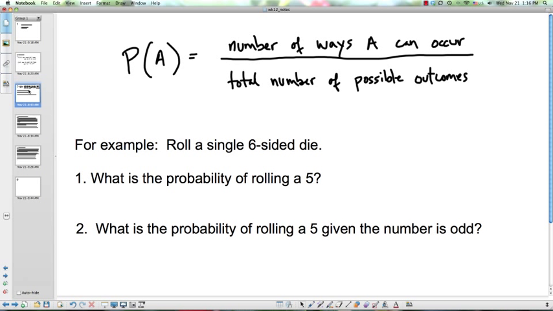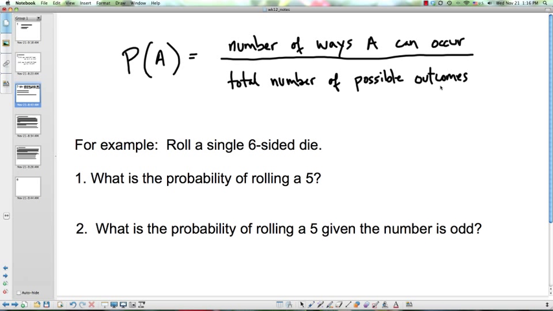Alright, so first, of course, you need to be real clear about how we calculate a probability. The basic definition is the probability of an event is the number of ways that the event A can occur divided by the total number of possible outcomes that could occur.